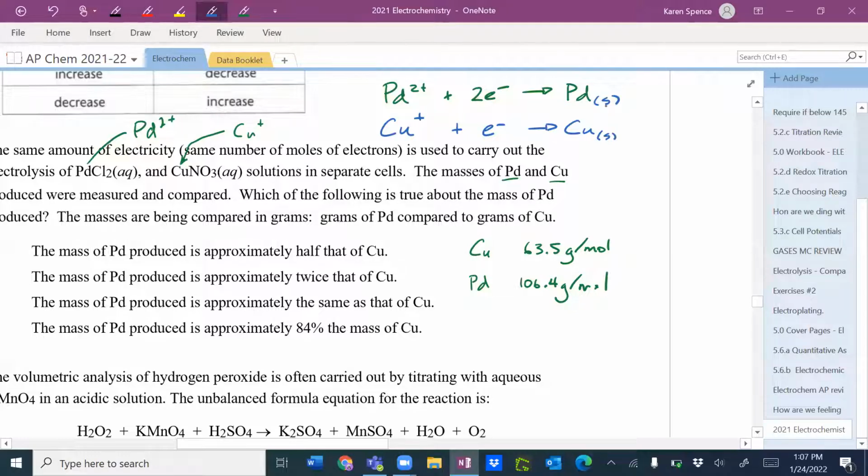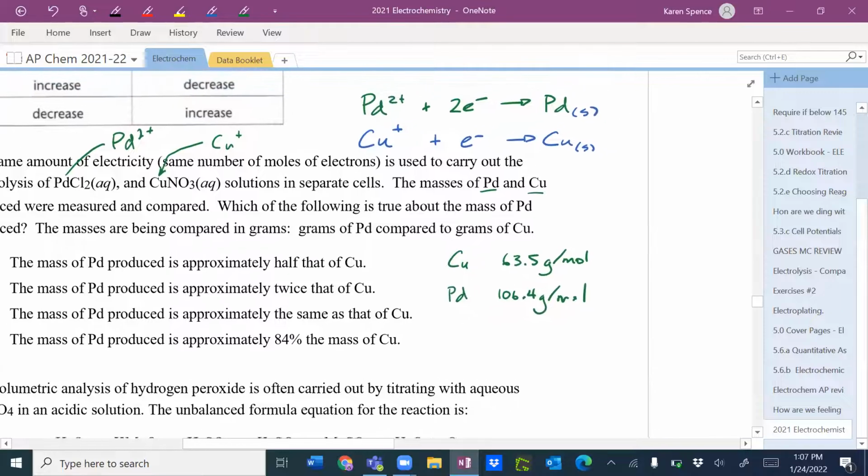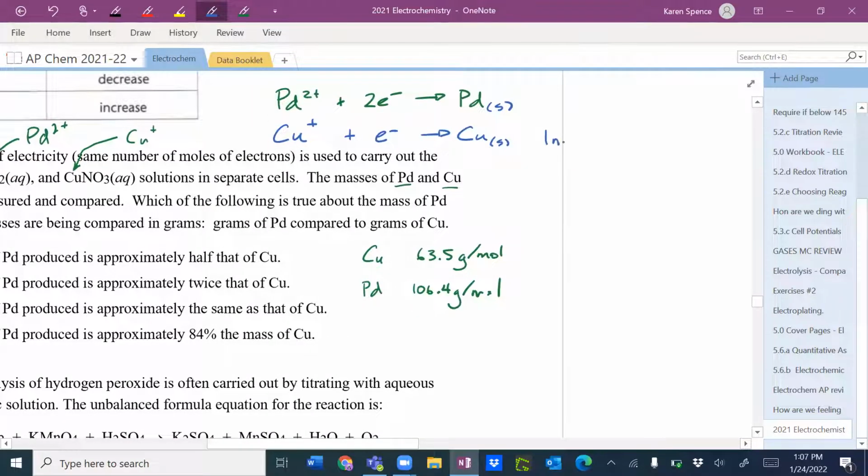So if we had the same amount of electricity, let's just say that we had 1 mole of electrons, because why not? We can pick any number we want. If I have 1 mole of electrons, this is a 1-to-1 relationship. I'm going to end up with 1 mole of copper.